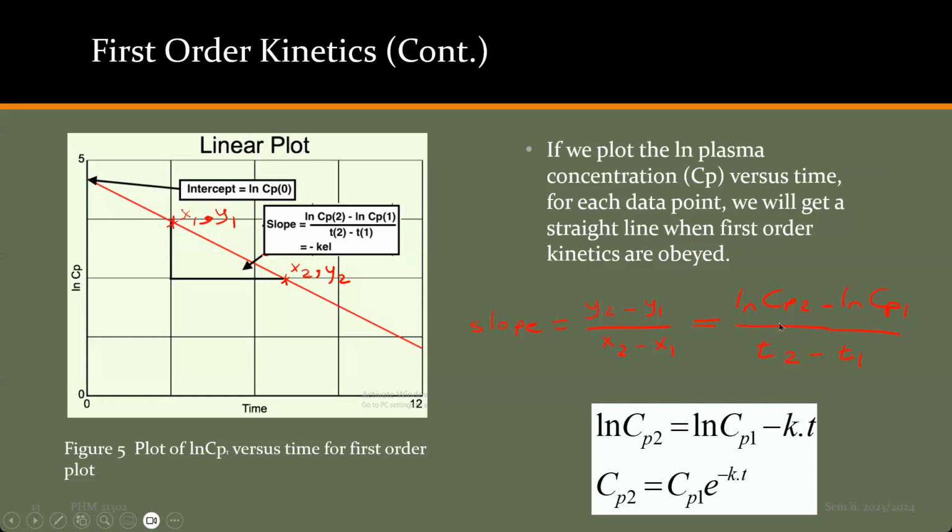So we can use the same equation, but for K we can say it is equal to ln CP2 minus ln CP1, but in the denominator, instead of T2 minus T1, we make it T1 minus T2.